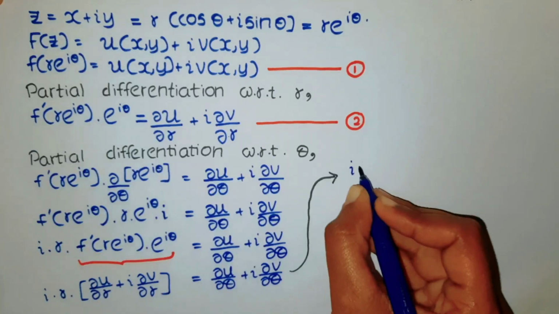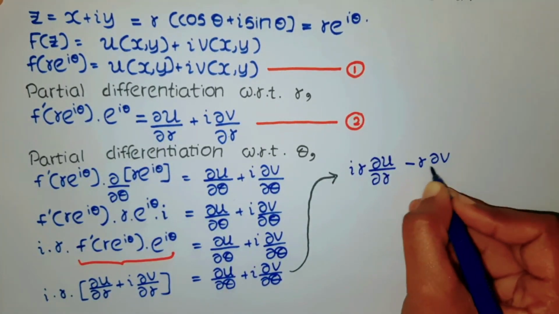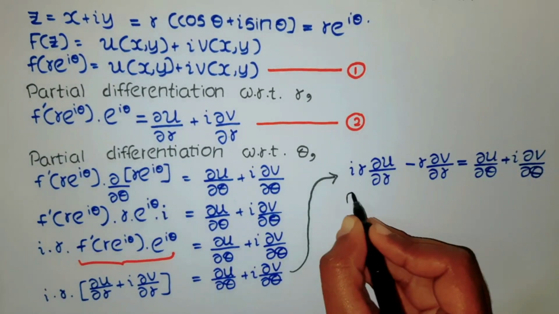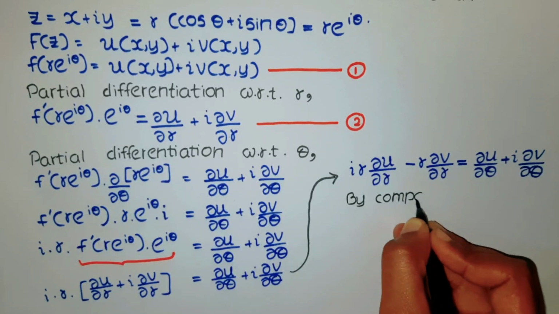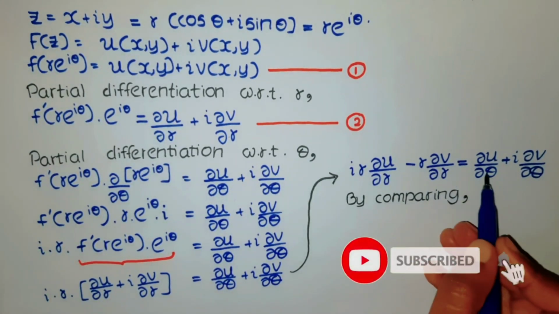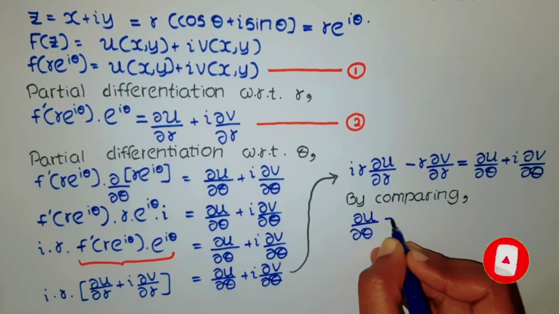Now you can simplify it by removing the brackets. By comparing the real part and imaginary part of both sides, we can find the Cauchy-Riemann equation in polar form.